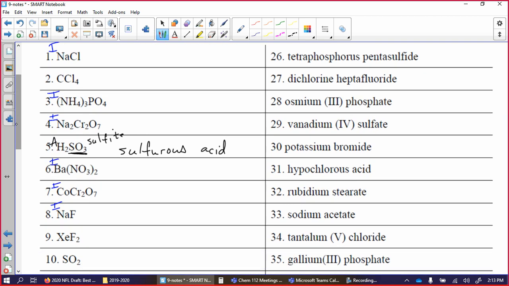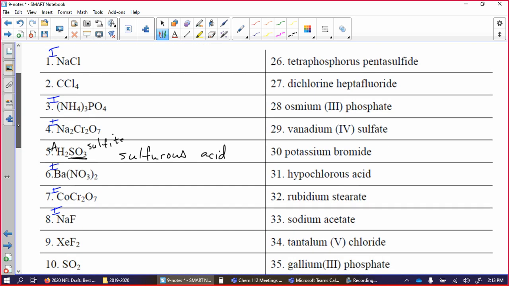Now, I've said this for a whole bunch of stuff. As someone who's not super comfortable with naming, this is the easiest way to go through. I've filled this page in dozens of times, so I'm okay with it. So those are ionic. Sodium is an A group.